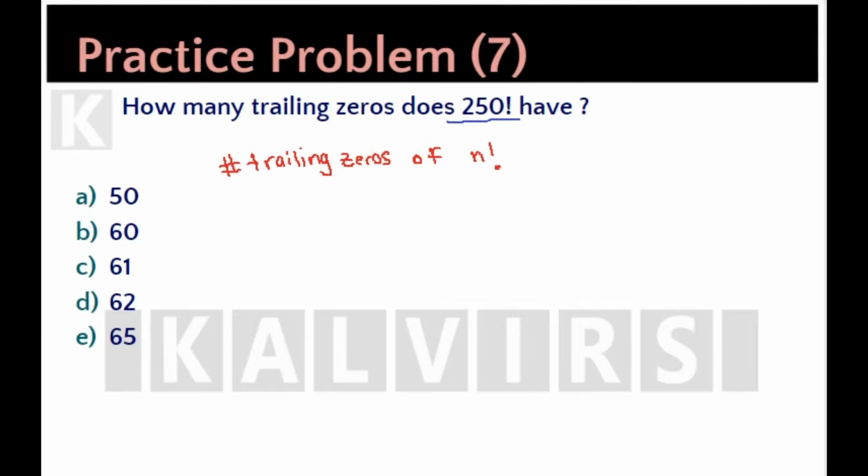The number of trailing zeros of n factorial equals n over 5 power to 1 plus n over 5 power to 2 plus n over 5 power to 3 plus n over 5 power to k, where 5 power to k is always less than or equal to n.